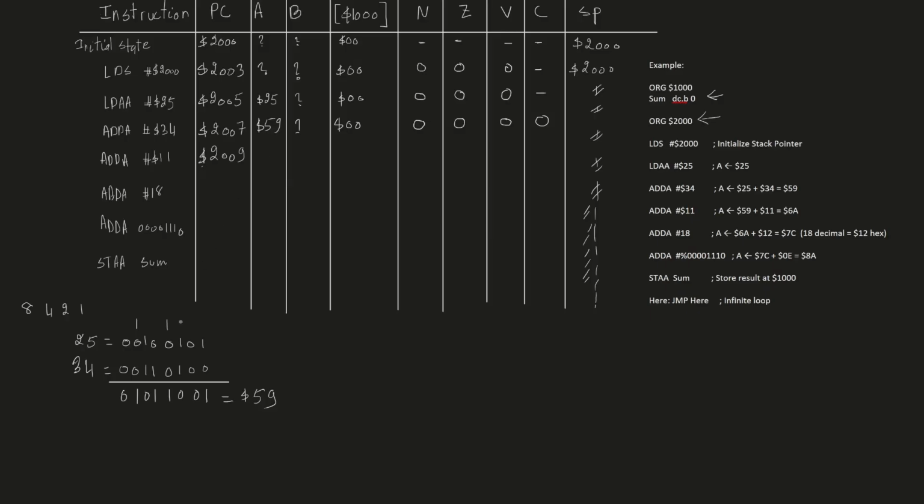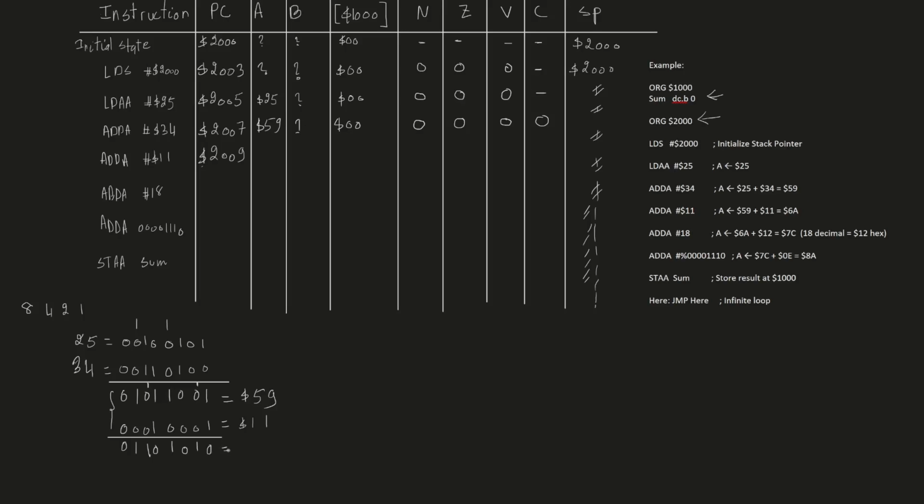So we're adding 11 to 59, so that's 11 in hex, which in binary is 0001 0001, and then let's add them. 1 plus 1 is 0 with carry 1. 1 plus 0 plus 0 is 1. 0 plus 0 is 0, so we're adding these two. 1 plus 0 is 1. 1 plus 1 is 0 with carry 1. We get 1 here, 1, and 0.